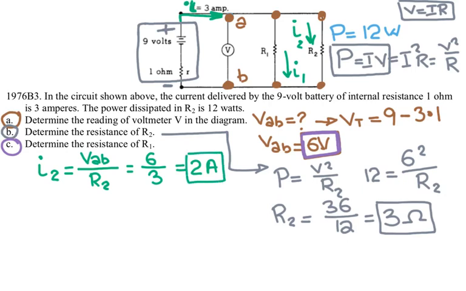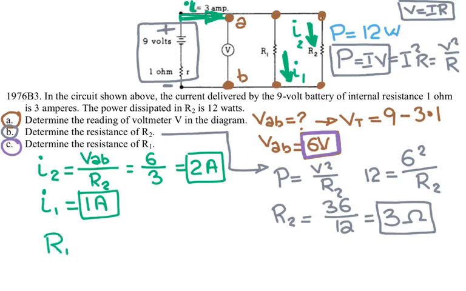So this current right here is 2 amps, but the original was 3 amps. That means the current through R1 is 1 amp, so I1 is equal to 1 amp. They ask you to find R1.